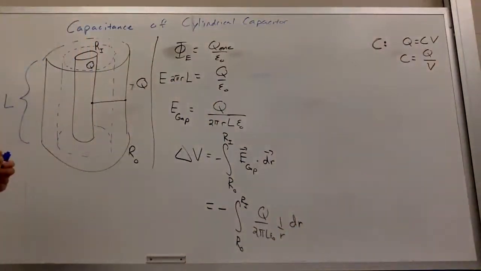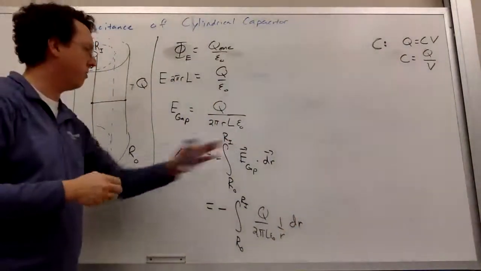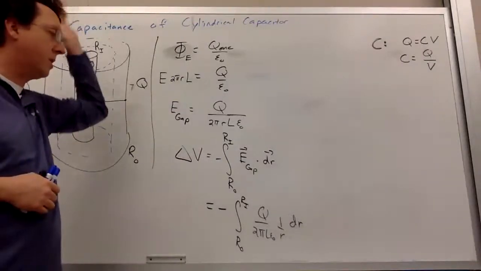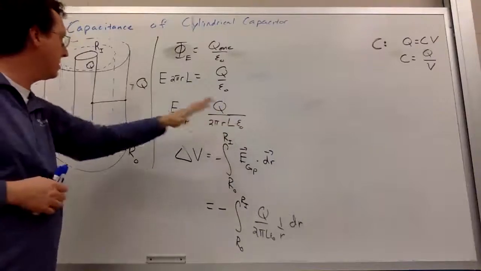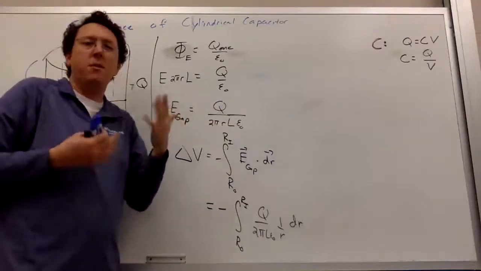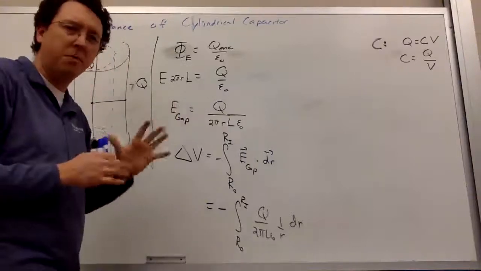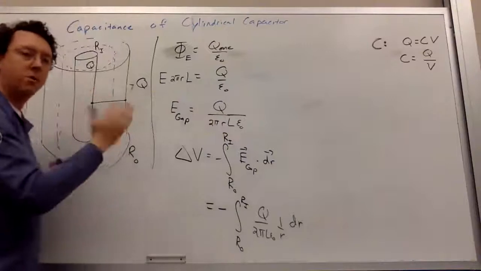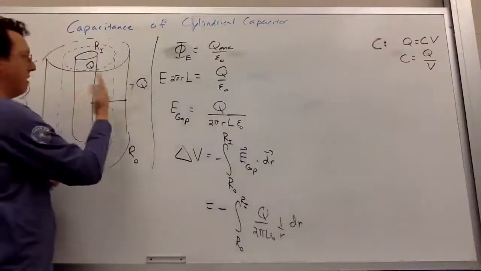Before I do anything further, let me highlight something that happened both with the parallel plate capacitor and now with this example. It's a feature or property of these calculations that throws people off. When you do the flux integral, that was over the Gaussian surface. That went around.